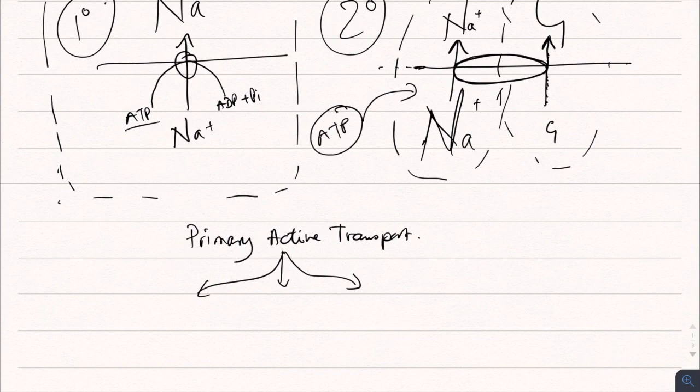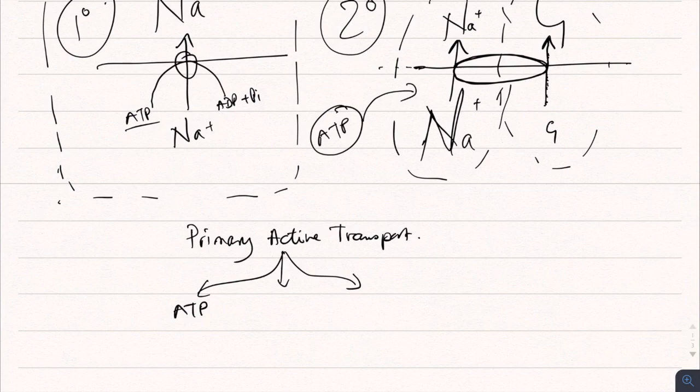So we have primary active transport. They use energy directly. So either they're the standard ATP-using protein, they hydrolyze the ATP, and they use the energy that's released to move something against the concentration gradient, or they don't use ATP, but they use another energy source. And what could these other energy sources be?